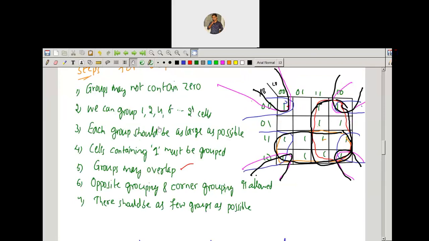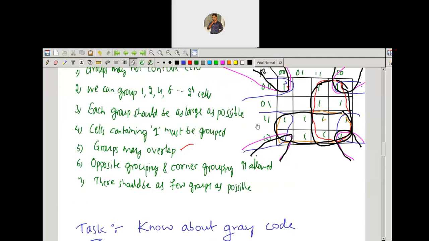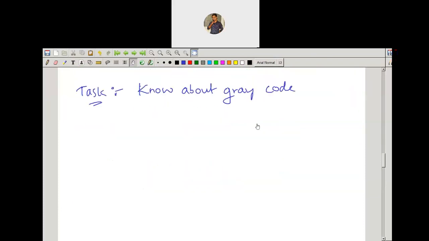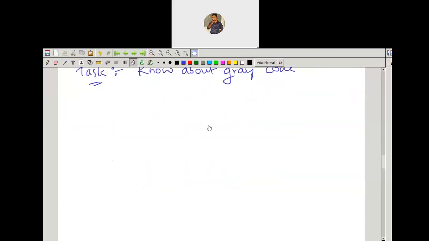If you have any doubt, you can post in the chat box frequently, because this topic is very important for you. In every topic from now you are going to use a K map. For example, let me take one more K map, and with that I will explain the writing of these expressions.